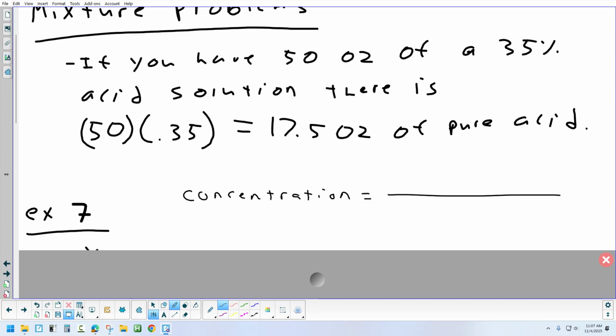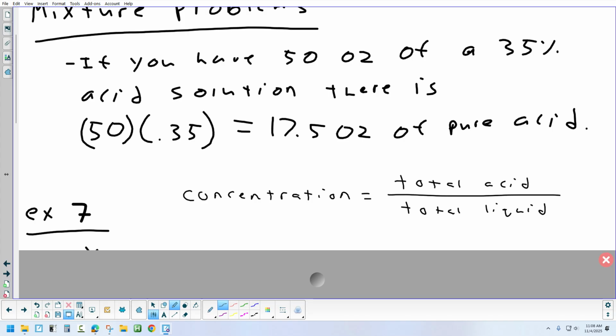We're doing the same thing here, except it's not how many questions you got right out of the total number of questions. It's how much acid is there out of the total volume of liquid. But it's the same thing. A concentration or a percentage is always the part you're interested in divided by the whole, or the total. So that's how you find concentration.